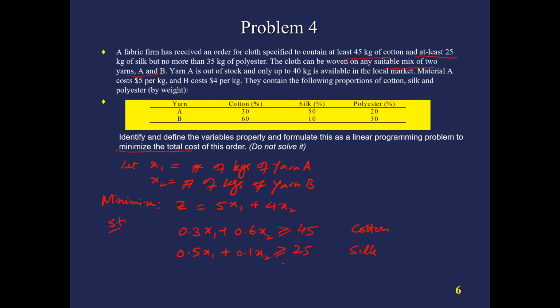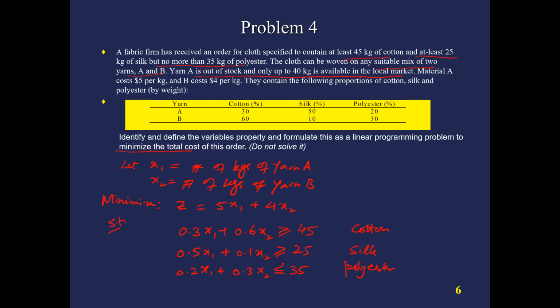And then we have polyester, 0.2 x1 plus 0.3 x2, and now we see that it says but no more than 35 kilogram of polyester. No more means less or equal to 35 kilogram, and that is polyester. All right. And then we have one more constraint. It says that yarn A is out of stock and only up to 40 kilogram is available in the local market.